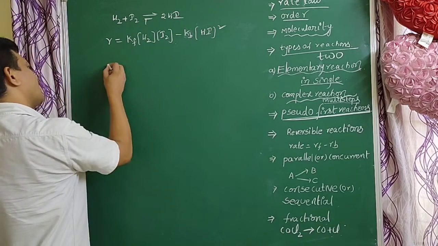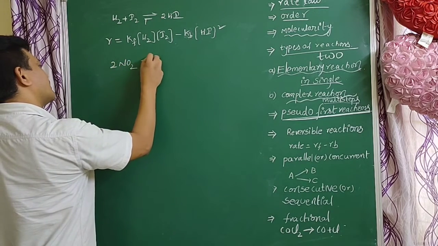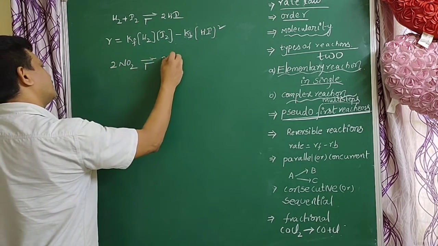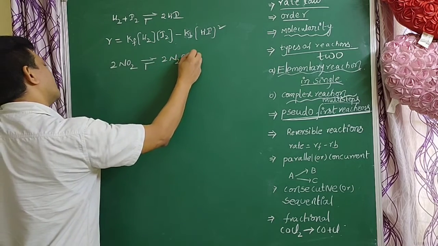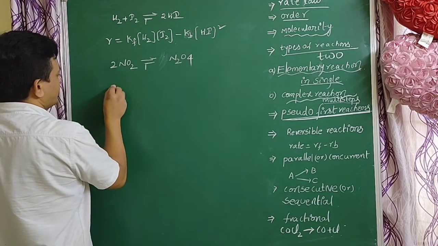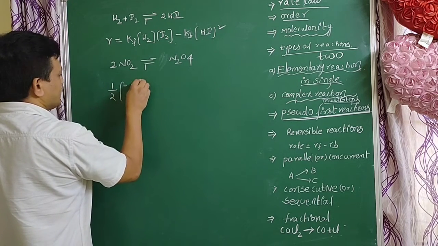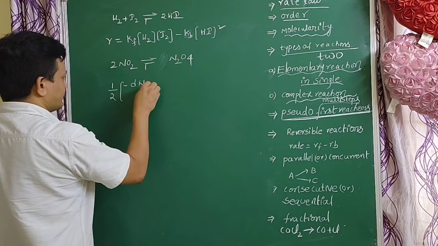For example, 2NO2 gives rise to N2O4. Rate equals 1 by 2 into minus d[NO2] by dt, the rate representation.